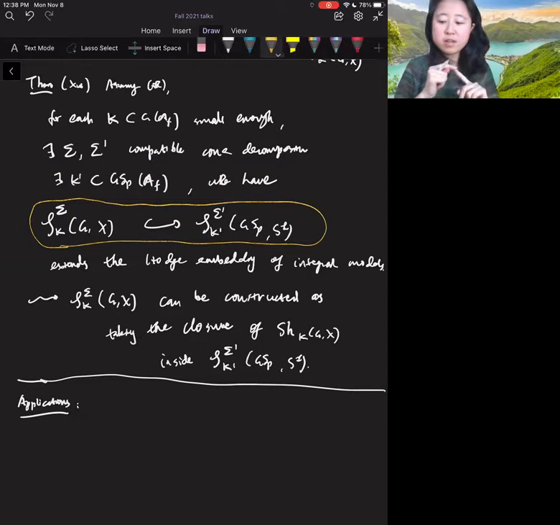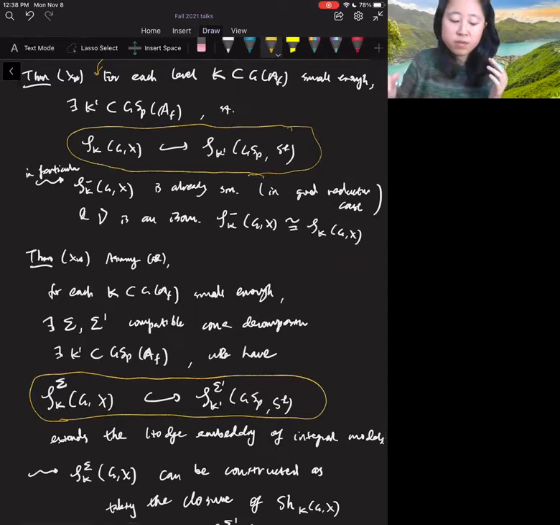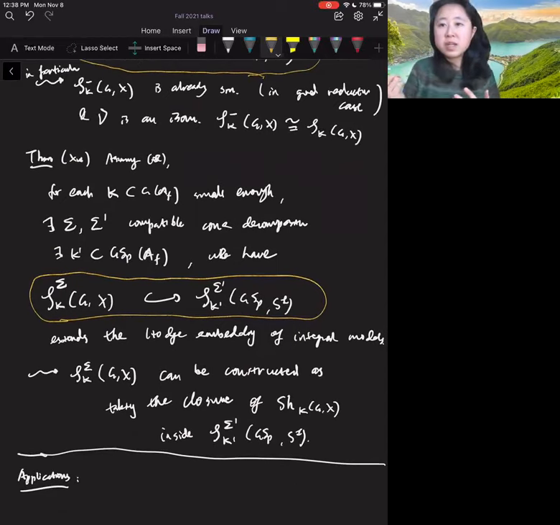Another application is that these embeddings, especially the ones on the level of just integral models, are very important for studying arithmetic intersection theory on Shimura varieties. One example is the Kudla-Rapoport program, where people study special cycles on Shimura varieties or their integral models, and removing the normalization step in the construction is extremely helpful for preserving the moduli description of special cycles constructed on Shimura varieties, and can significantly help with making progress in this intersection theory program on Shimura varieties.